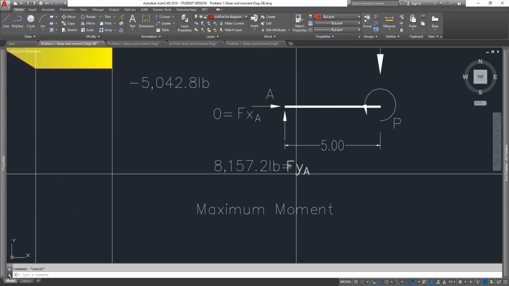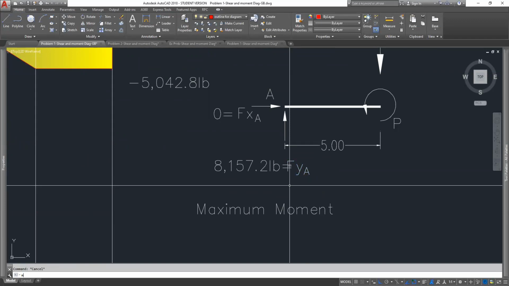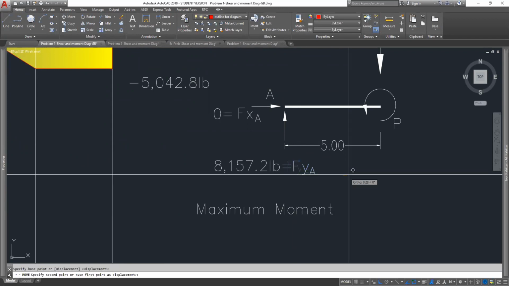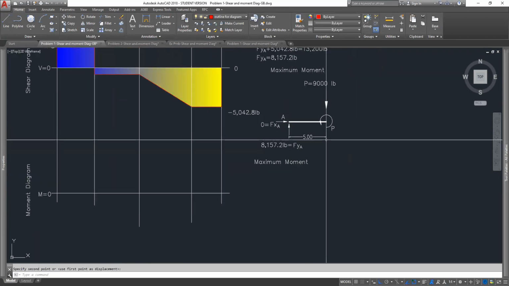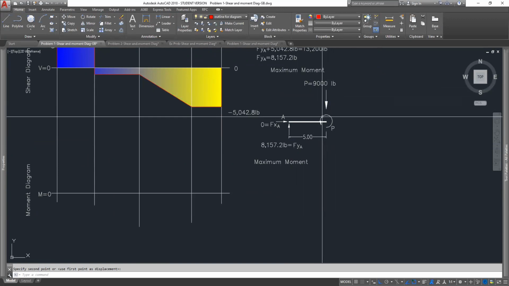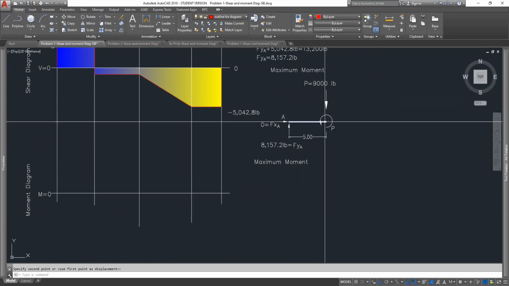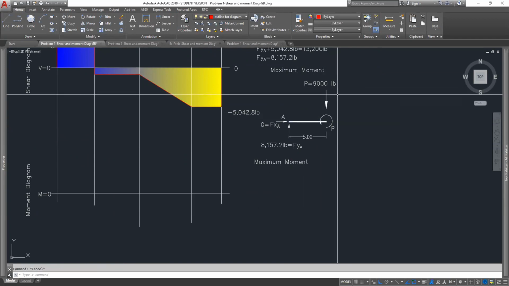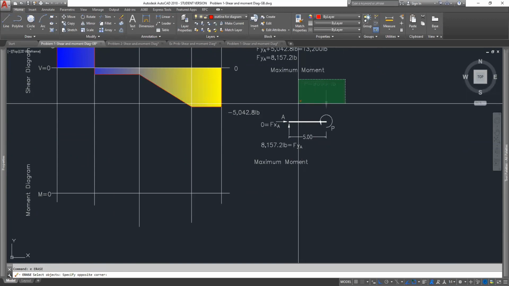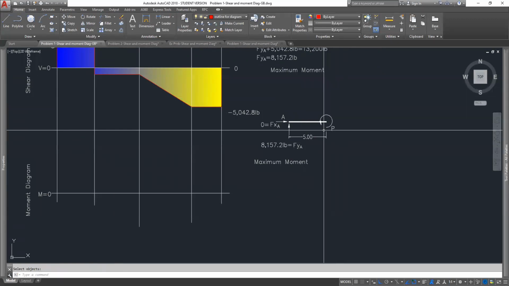It's located a distance from point B going in here. Now this 9,000 pound load is occurring right where we're taking the moment, correct? So we actually don't have any moment created by that one.